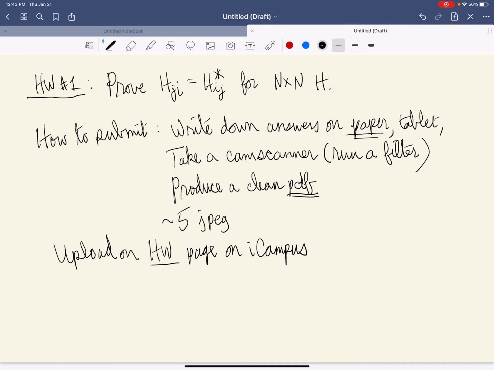And after taking a look at your PDF, I can give out grades at the bottom of your upload. Those grades will automatically accumulate, and toward the end of the semester, the total sum of those grades will contribute to the homework portion of your final grade, along with the midterm and final exam grades.